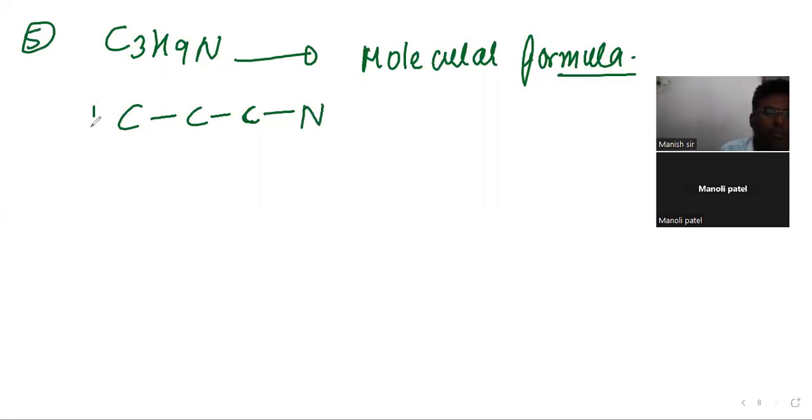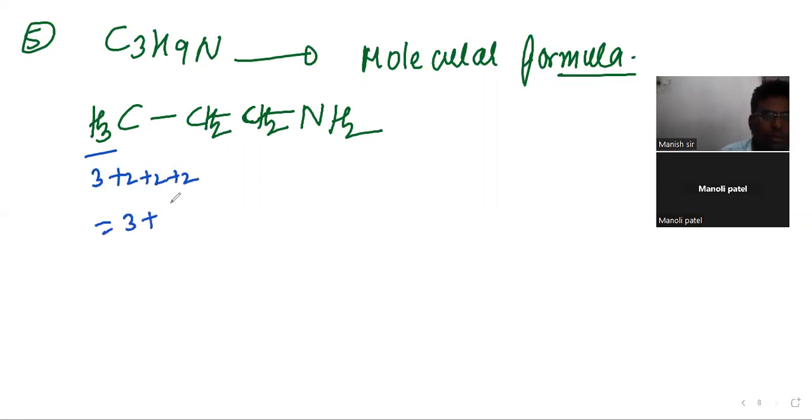Now give hydrogens to each: CH3, CH2, CH2, and NH2. Count the hydrogens: 3 plus 2 plus 2 plus 2, total 9.